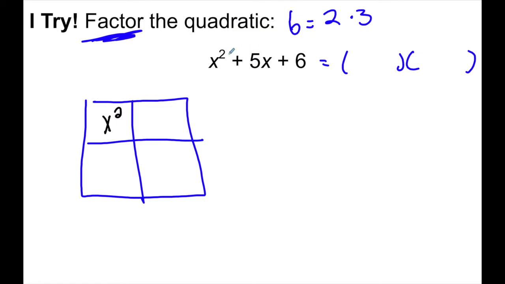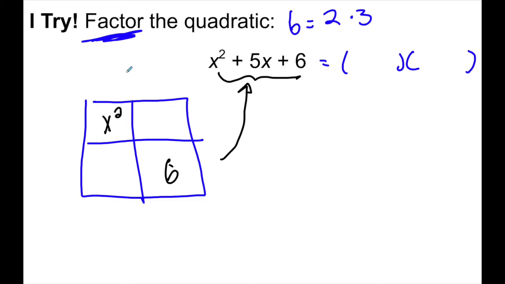You can imagine that when I do this box out, the final answer needs to be x squared plus 5x plus 6. So what would that box look like? Well, we know from our experience that x squared is going to be in the upper left and 6 is going to be in the lower right.